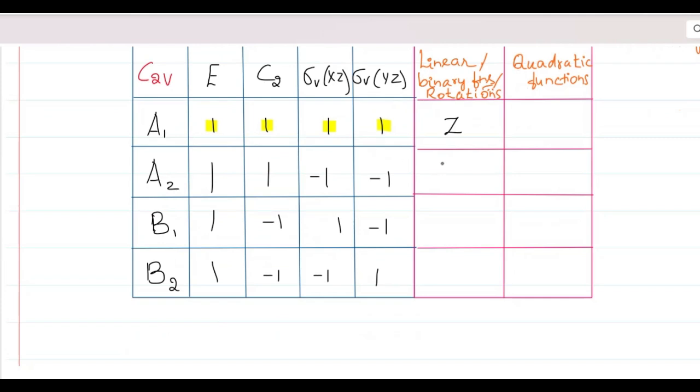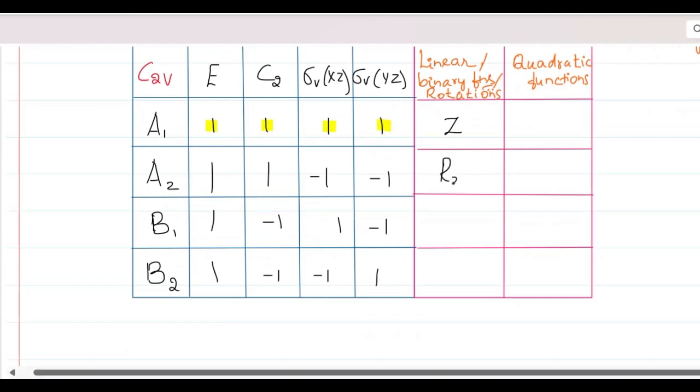Similarly for rotation along the z axis, we get this, and here it will be x, Ry, then here it is y, Rx, and here the quadratic functions x square, y square, z square.